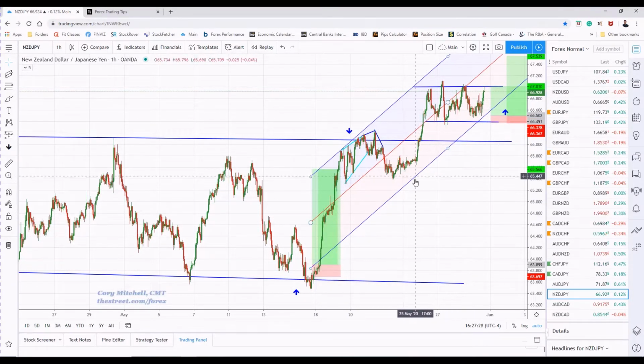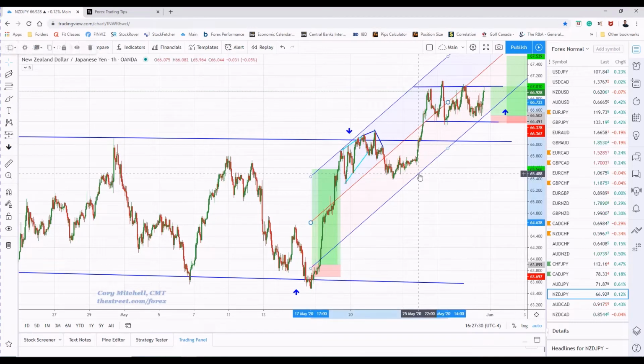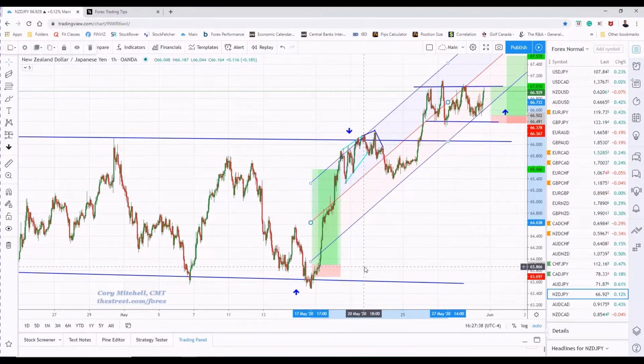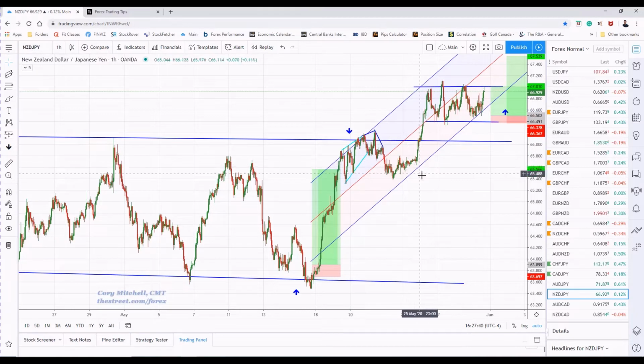And then we also have this channel higher. And if you don't feel that they match your highs and lows exactly, you can always tighten them up a little bit so that it moves them a little bit closer to those lows. This low here.